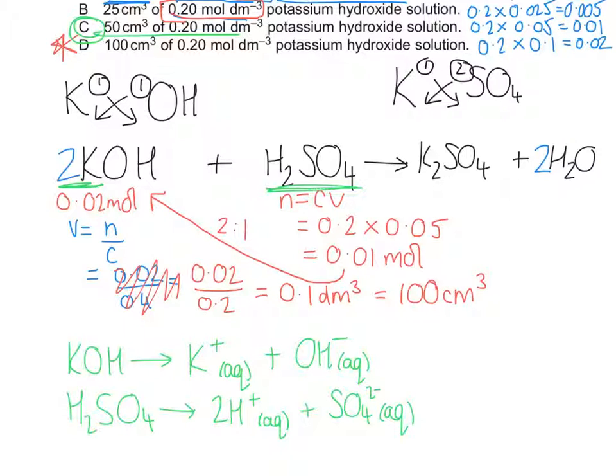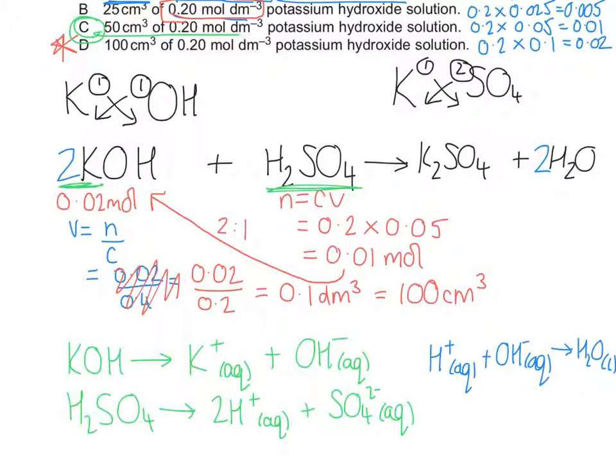So we know that neutralization is an H plus ion reacting with an OH minus ion, a hydroxide ion, to give me water. That's your ionic equation for neutralization.